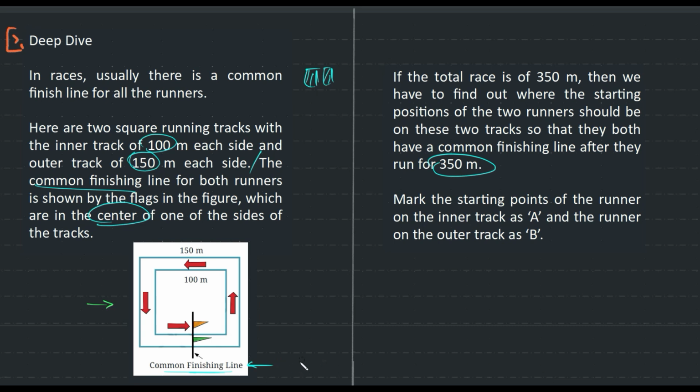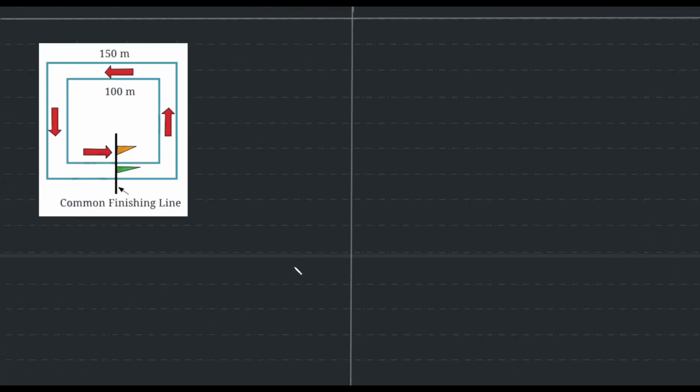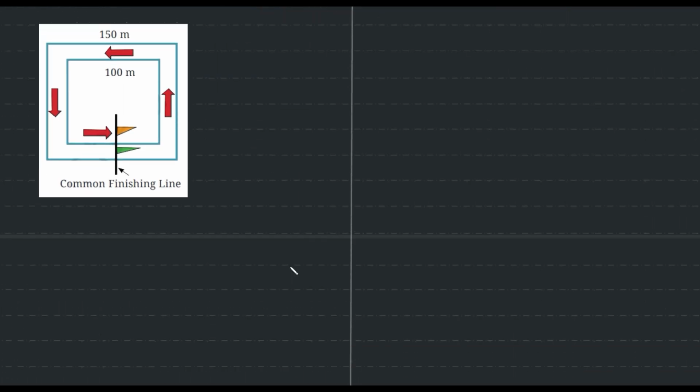Okay, I can do a better job. Yes. Now mark the starting point of the runner of the inner track as A and the outer track as B. Okay, so let me do it over here.